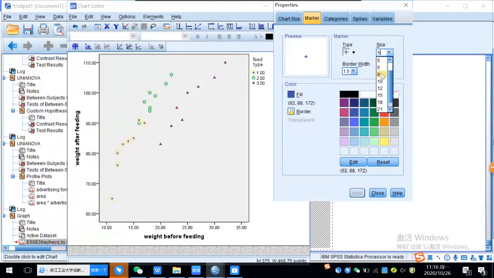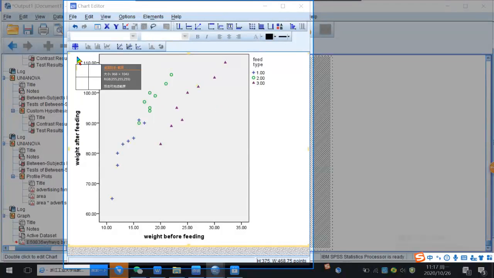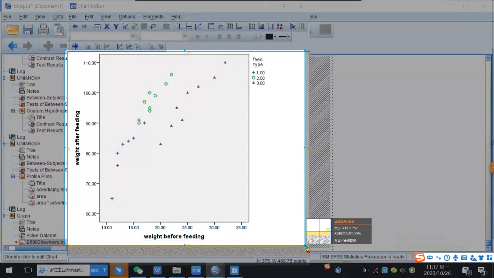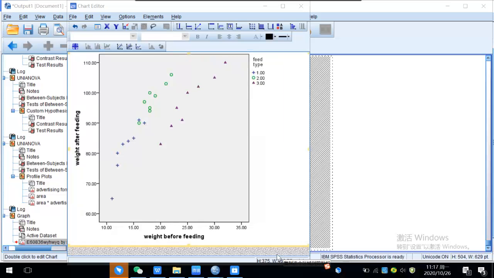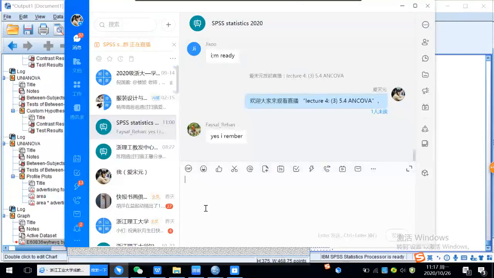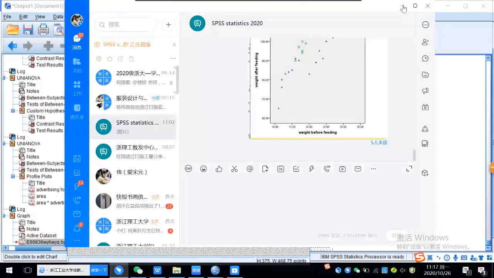I think the size can be larger, so size 8 will be better. Great. Now I have this plot.